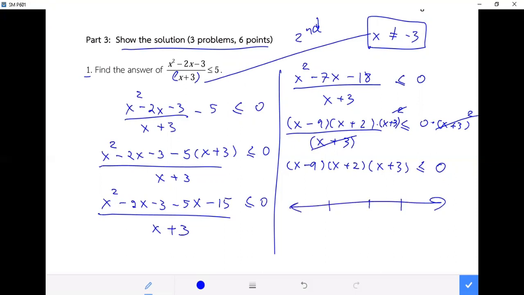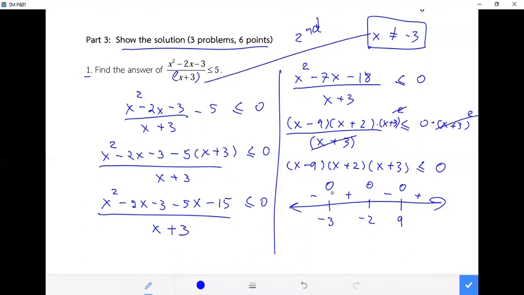3 numbers, right? Start from the smallest, negative 3. Then negative 2, and the biggest one is 9. Plus, minus, plus, and then write the dots. This is less than or equal, so you should use the closed dot, dark color.